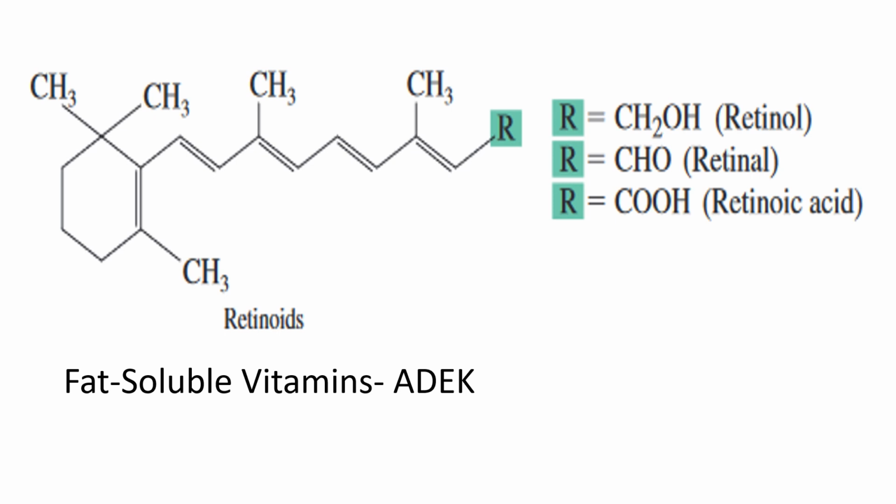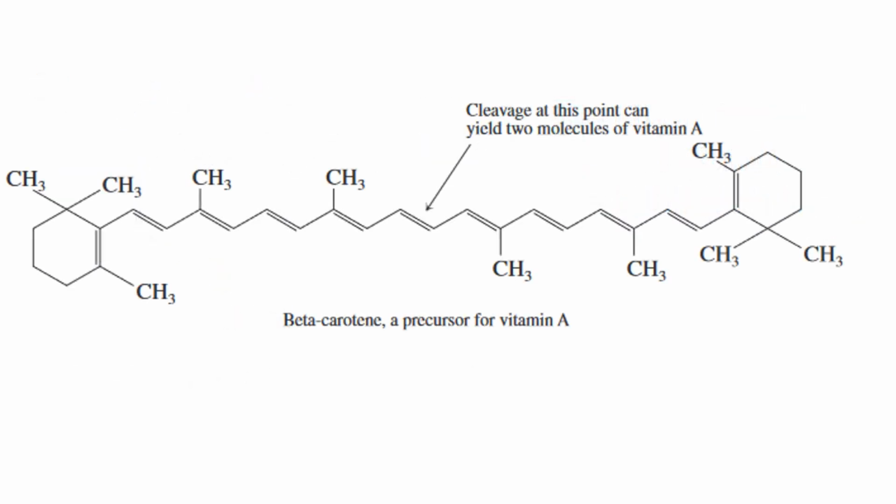The major carotenoid with vitamin A activity is beta carotene, which can be cleaved to yield two molecules of vitamin A. Beta carotene is a yellow to red-orange pigment plentiful in carrots, squash, cantaloupe, apricots, and other yellow vegetables and fruits, as well as leafy green vegetables, where the yellow pigment is masked by green chlorophyll.